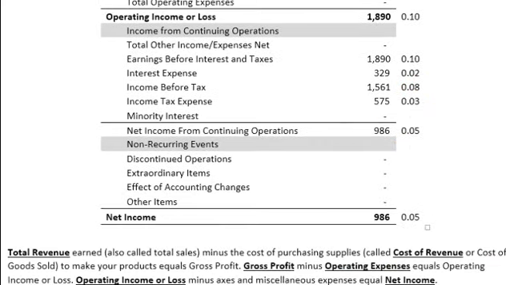The bottom portion is non-recurring events, and those would be one-time charges that would affect this specific income statement but would not be on every income statement. What's left is your net income, also known as your net profit or net earnings, and it tells you how much your company actually earned or lost during that specific accounting period.